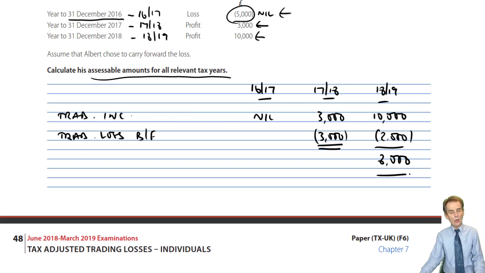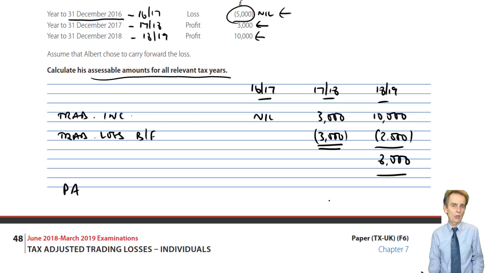Now there would be no choice as regards the use of that loss. If we haven't got any other income of the current tax year or preceding tax year, all you can do with the loss is to carry it forward. And if you look at those numbers, you will also realise that here, that loss has achieved nothing in the form of tax saving. Because each year you would have a personal allowance available.